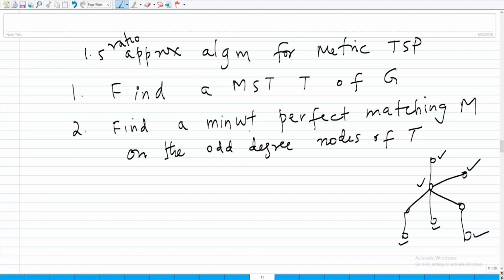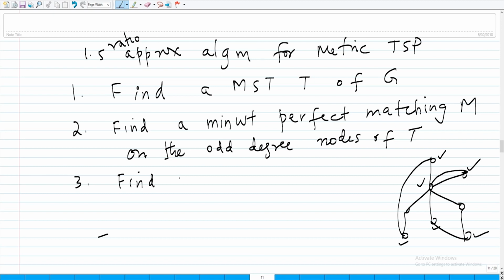Now, I am back to my game. So, what do I do? Add those edges now. Let us say my matching might pick this edge, maybe this edge and this edge. Add those edges.